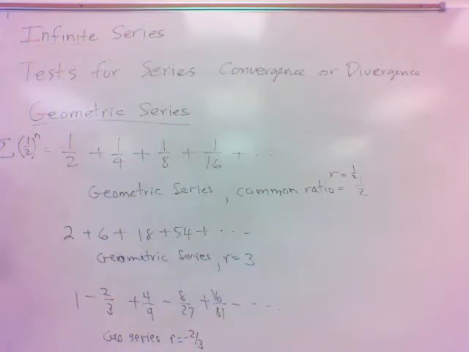This one I could write as the sum of 2 times 3 to the n minus 1. That's one way I could write it. Have to make a little adjustment for that being 2 there instead of 3. And then this one is negative 2/3 to the n minus 1. Do you believe that?